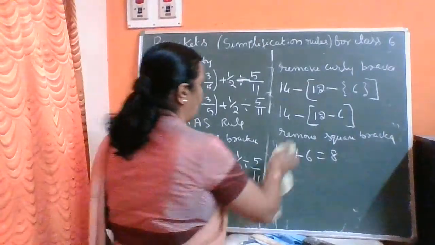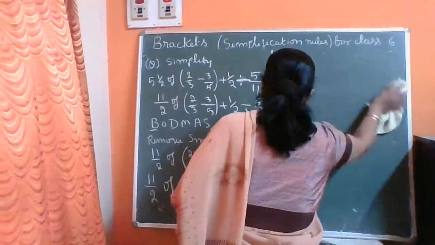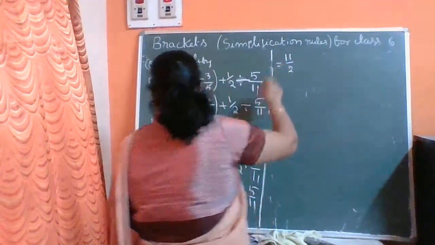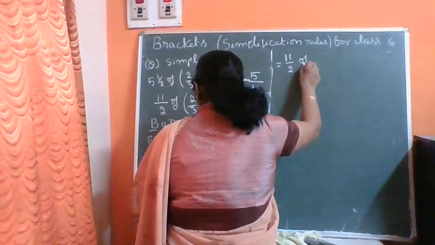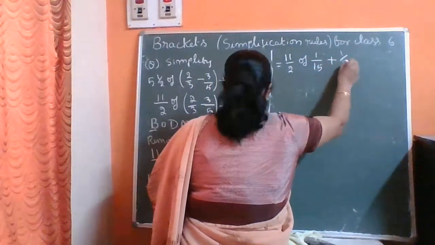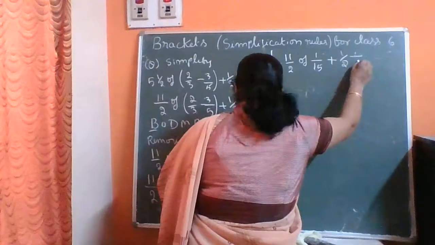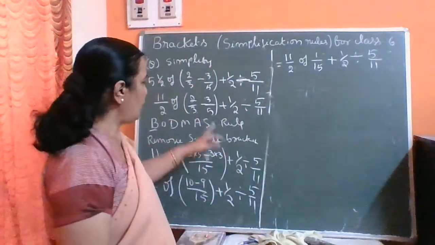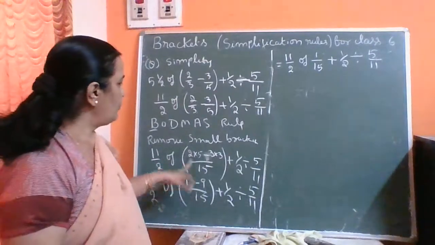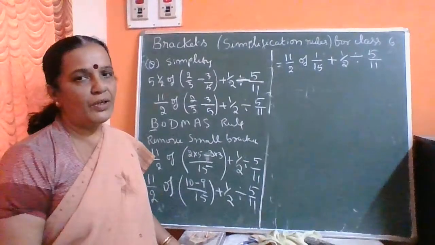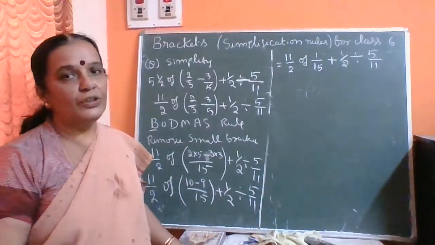Next step will be 11 by 2 of 1 by 15 plus 1 by 2 divided by 5 by 11.